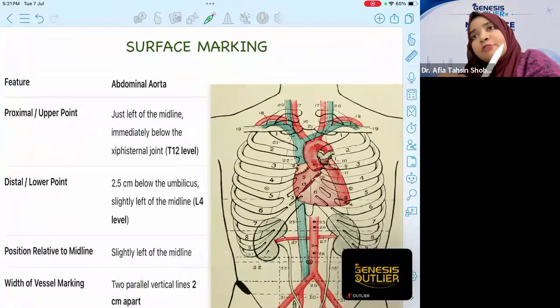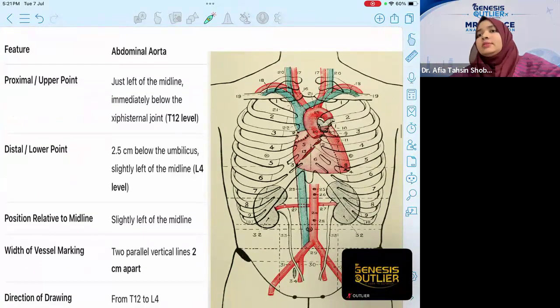You have to know the surface marking of abdominal aorta. Okay. For this, just focus on this image. It is xiphoid process, right? And this is umbilicus. Remember these 2 points.